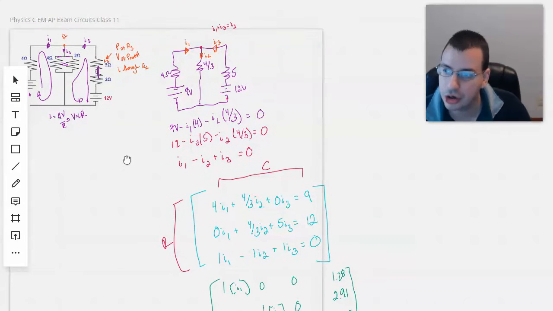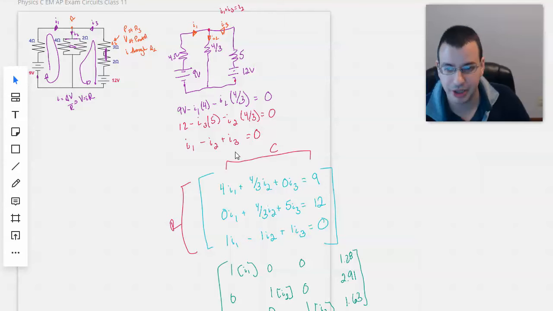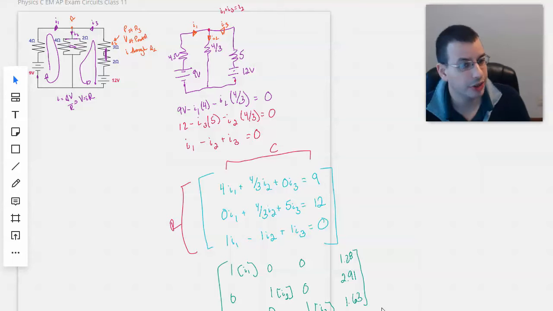So what this is telling us is our currents, I1, I2, and I3. I1 is 1.28. I3 is 1.63. And then I2, which should be the sum of the two, which it is by this equation. If you look at these, yeah, 1.3 plus 1.6 is like 2.9. So I'm like, okay, that's at least plausible.